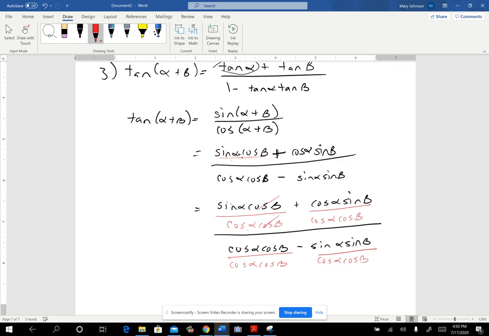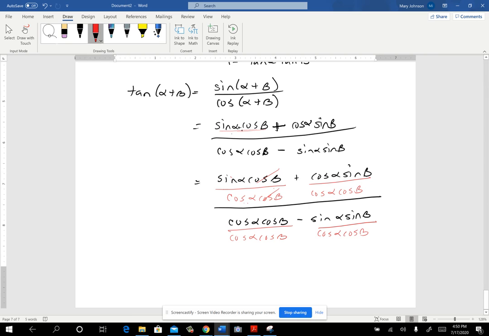All right, then let's look and see what happens. So yeah, that's gone. That's gone. This is gone and that's gone. And over here, nothing's gone. Okay, so let's see where we're at. Let me just clean it up a little bit. Sine alpha over cosine alpha, even though I know that's going to be tangent, I wanted you to see that.